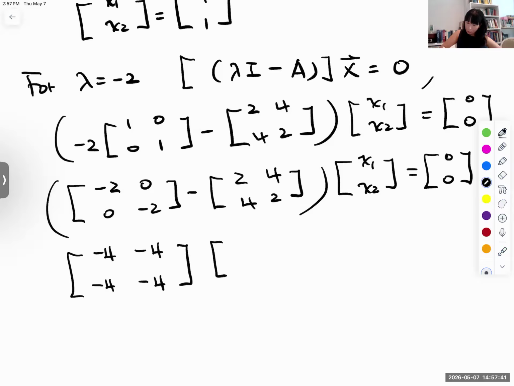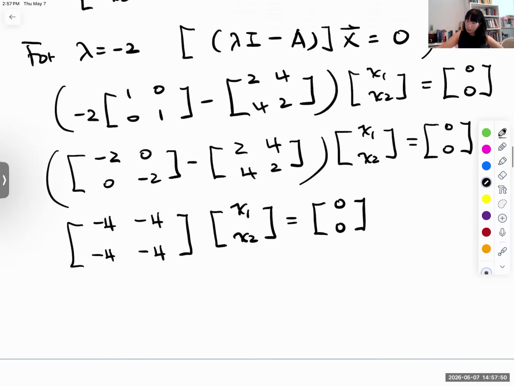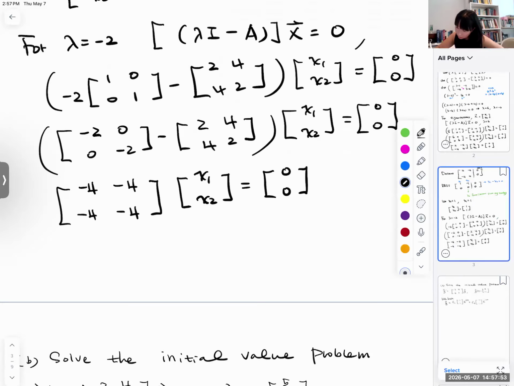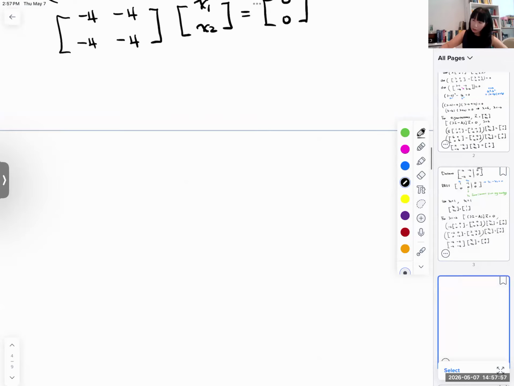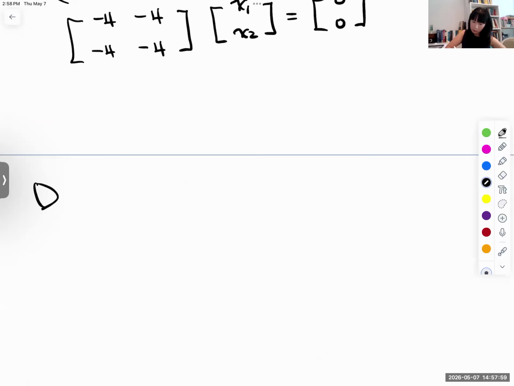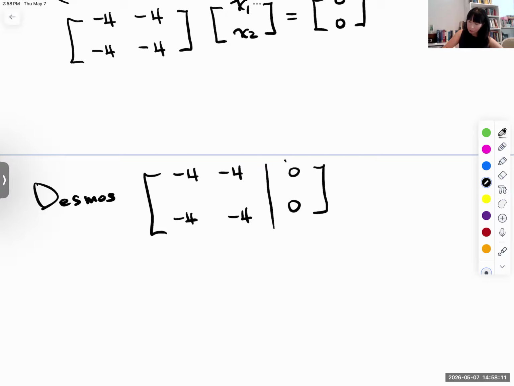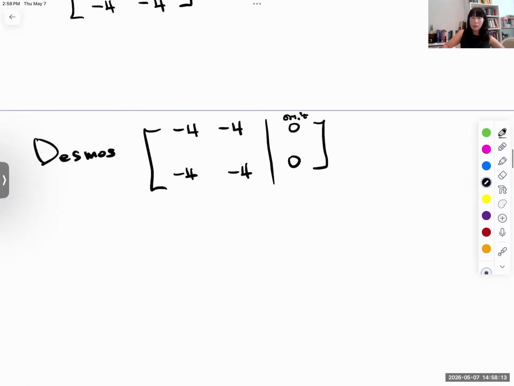And then x of 1, x of 2 equal to 0, 0. All right. Okay, let's use decimals. So we are using negative 4, negative 4, negative 4, negative 4, 0, 0. We can omit that in this case.